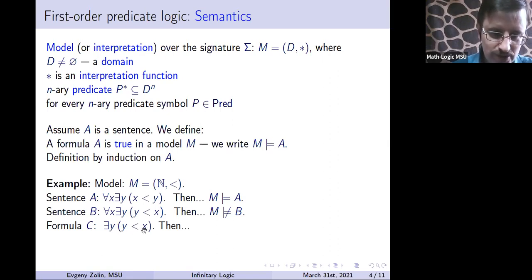We don't apply quantifiers to x. Exists x or for all x. So it is not enough. We don't have enough information for saying, is this formula true or not?